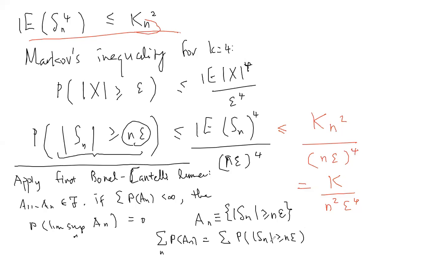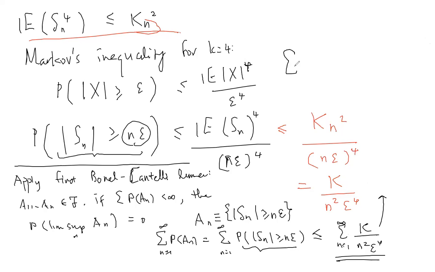And since this quantity is bounded by k over this thing, this sum is bounded by the sum of k over n squared epsilon to the power 4. It is bounded by this quantity. And is this quantity convergent?